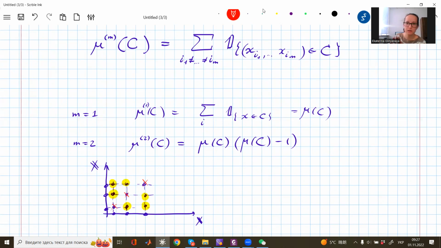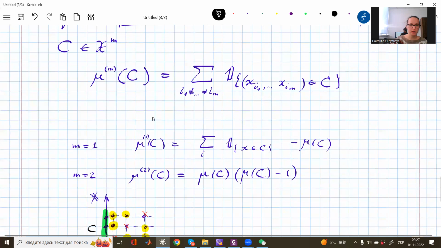So if this is subset C, then second factorial measure is equal to this one. We take into account all points in the product just without diagonal.